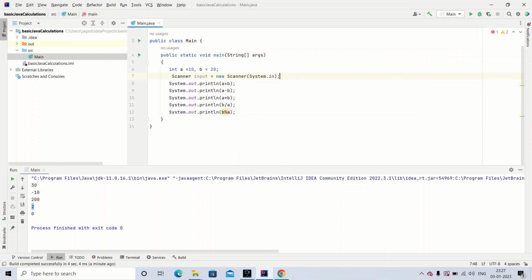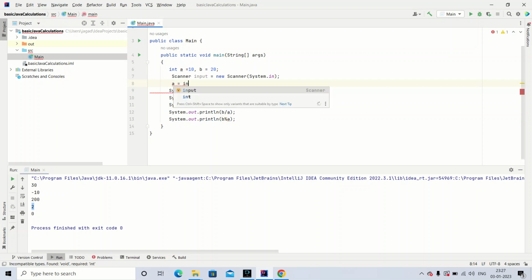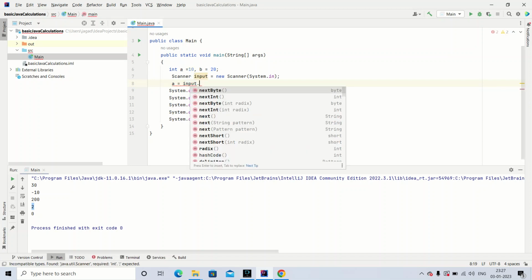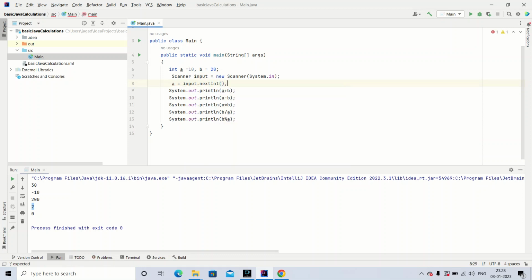So it will take the input from the command prompt and set the value to the variable. So let's set the value to a: input.nextInt(), because we are taking the value as input.